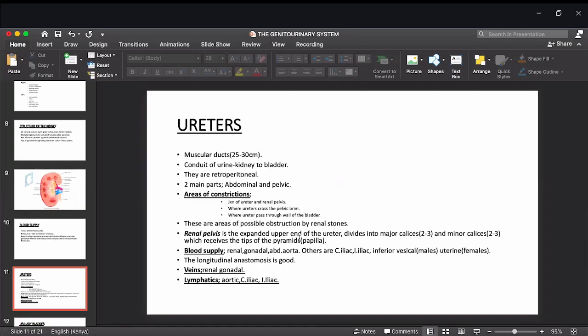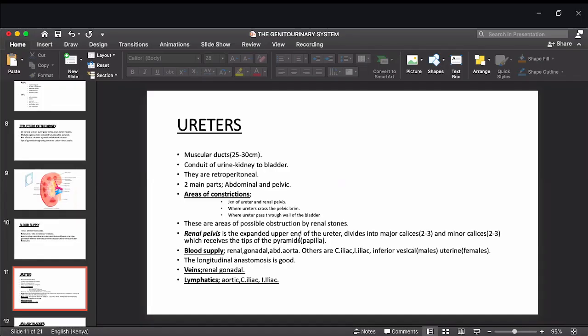those of you who will do renal specialization, especially the nurses in this group, you can specialize as a renal nurse. There are patients who will come with kidney stones.